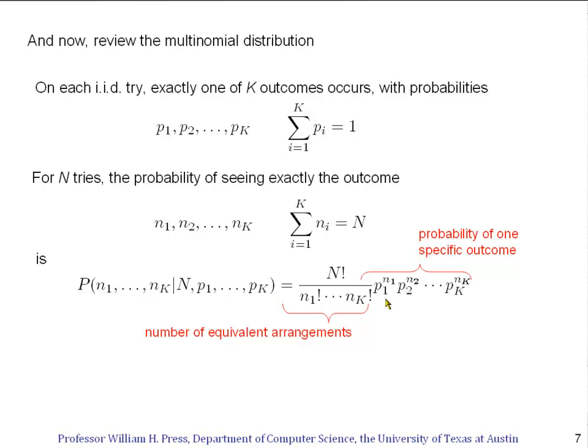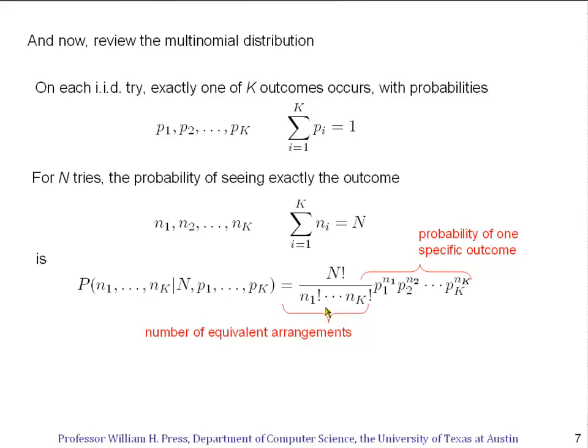A particular outcome would say the first event comes out maybe in bin 6 here, so that would be a factor of p sub 6, and the second count comes out in maybe the first bin, so that would be a factor of p sub 1, and in the end, when we've calculated them all up, we'll have a number of factors of p1 that's exactly equal to its number of events, factors of p2 equal to its number of events, and so forth. But the probability of seeing this number of n's is not just the probability of seeing one particular instantiation.